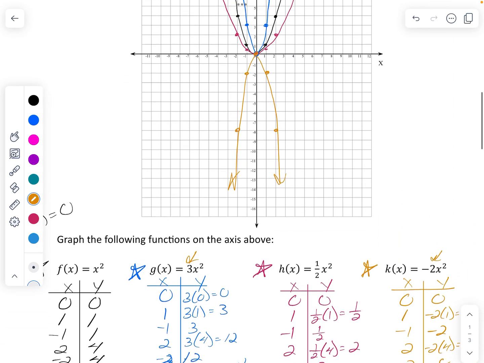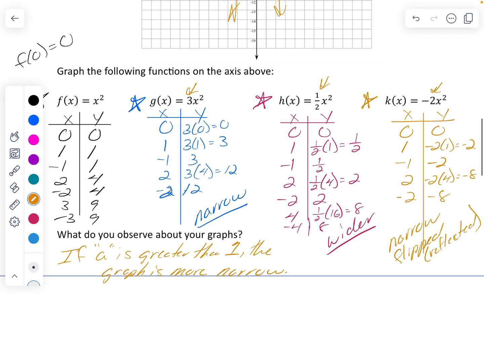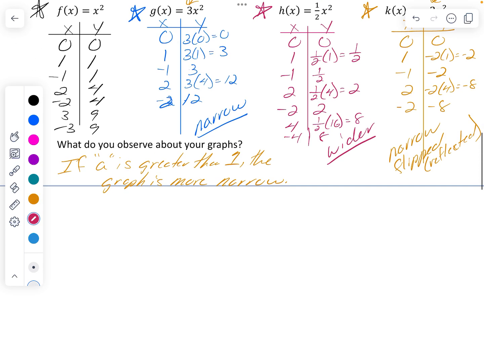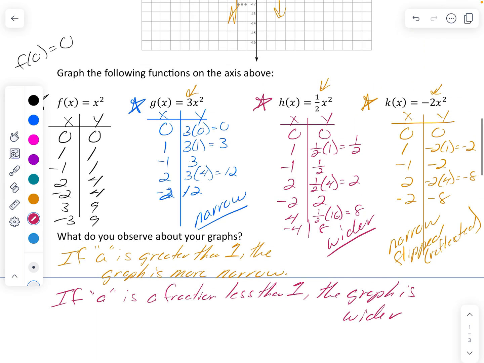But now with the red graph, it was wider. And notice there, our term in front of the x squared was a fraction. So for my second observation, if my a is a fraction less than 1, the graph is wider. Okay, so if we have a fraction in front of the x squared, it's going to be wider.